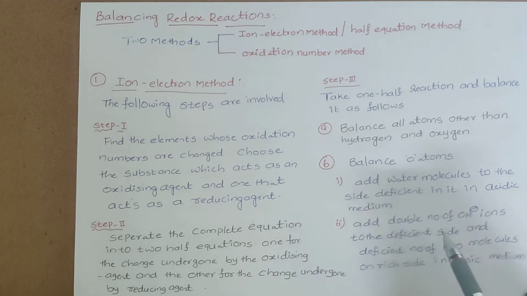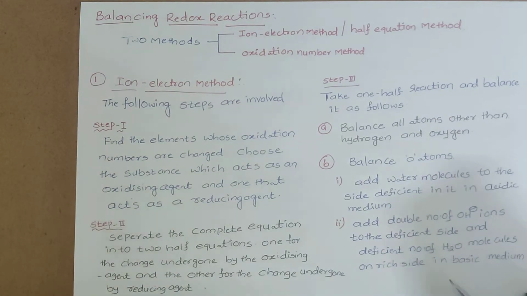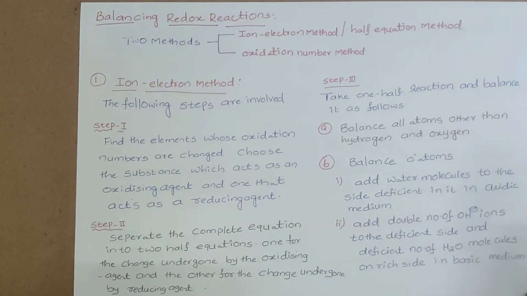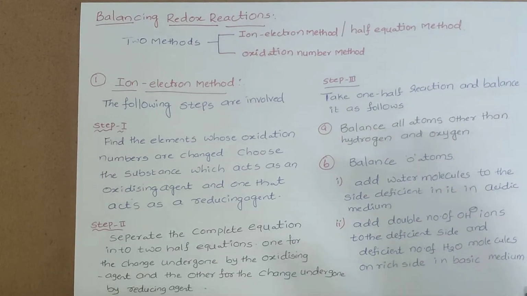Suppose the reaction takes place in basic medium. Then add double the number of OH minus ions to the deficient side and the deficient number of H2O molecules on the rich side. In which medium? Basic medium. Suppose in basic medium, the right hand side has 4 oxygen atoms and the left hand side has only 1 oxygen atom. How many are deficient? 3.